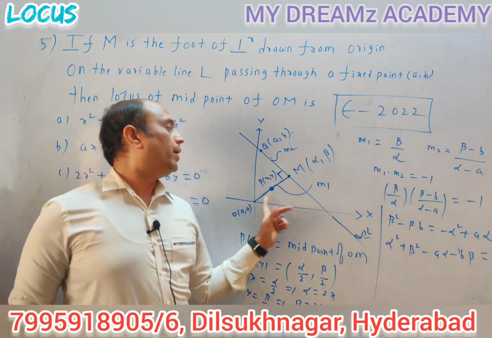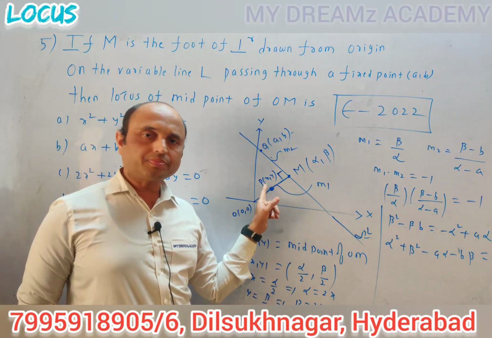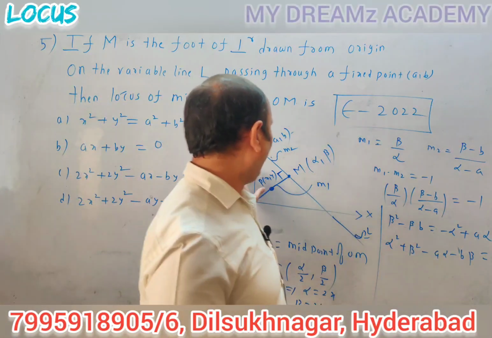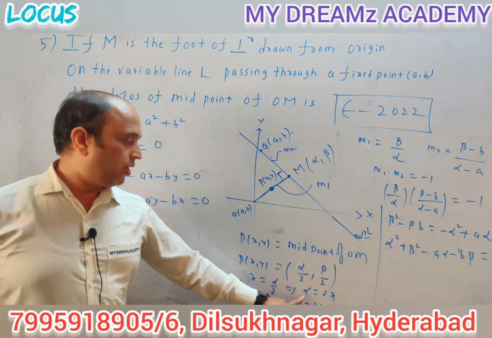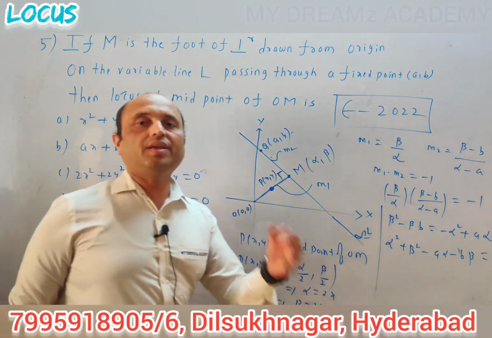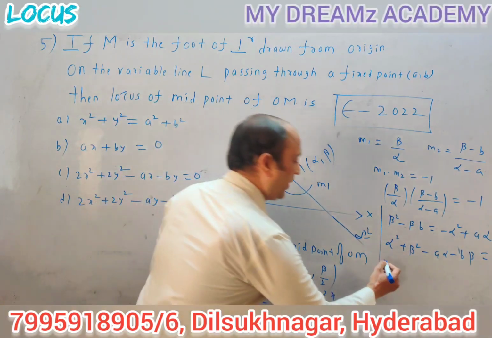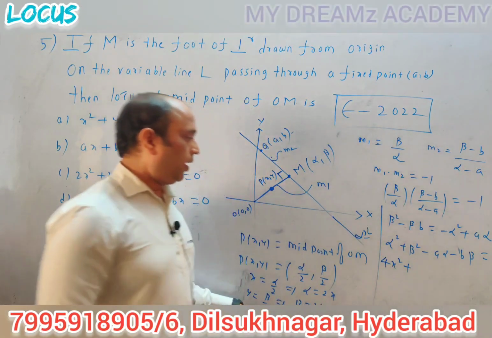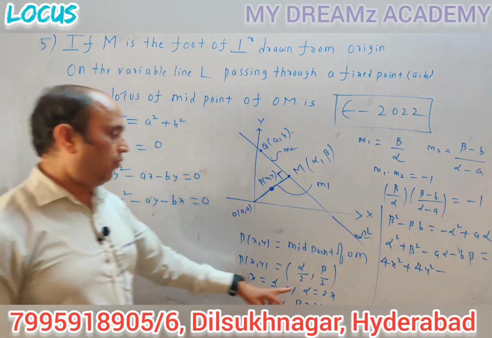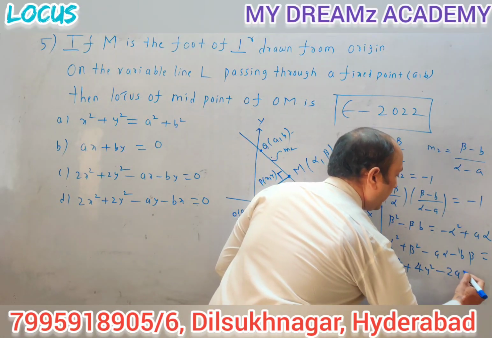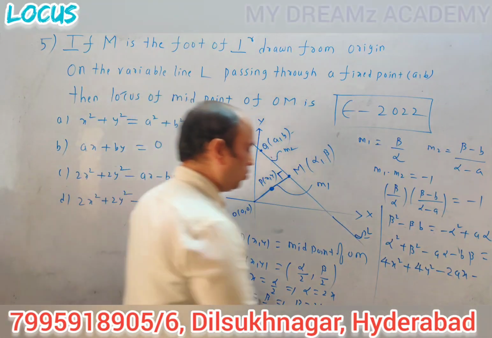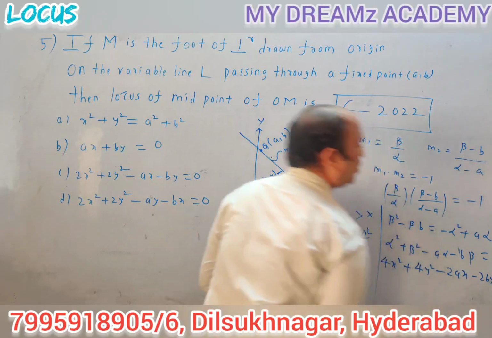So I am assuming the midpoint of OM is P x comma y. Now find the equation in terms of x and y. Already we know that alpha equal to 2x, beta equal to 2y. Substitute alpha comma beta in this equation and we will get the equation of locus. 4x square plus 4y square minus 2ax minus 2by equal to 0.